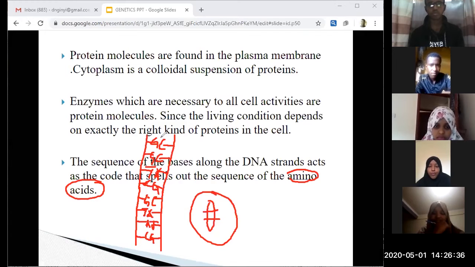We have a gene in this example with 1, 2, 3, 4, 5, 6, 7, 8, I can even add the 9th one. Maybe that is thymine, this is adenine. So I have a small portion representing a gene.